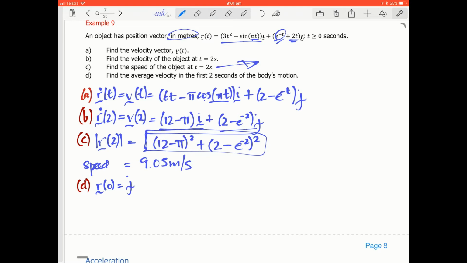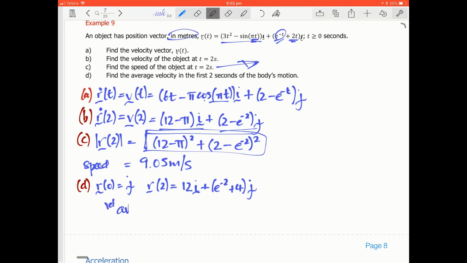That's my initial position for this vector. Now, we're going to call it final in this case, at 2. So I get 3 times 2 squared, which is 12. If I put 2 into here, sine of 2 pi is 0. So I get 12i, and then plus e to the negative 2 plus 4j.